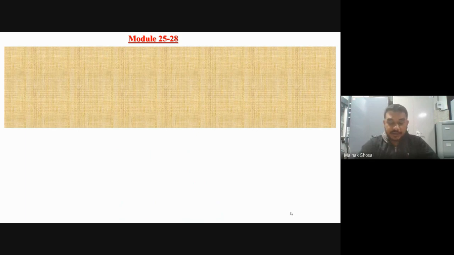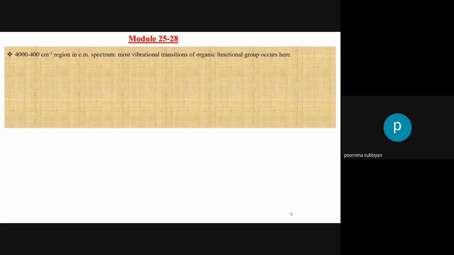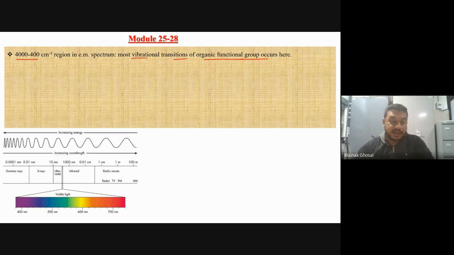Why vibrational spectroscopy? Because molecular vibrational levels are generally probed using this spectroscopy. The 4,000 to 400 centimeter inverse region in the electromagnetic spectrum is important, because most vibrational transitions occur here.